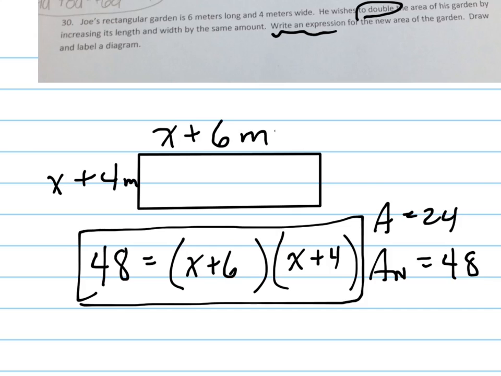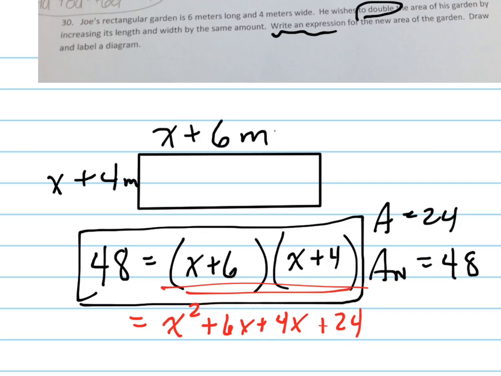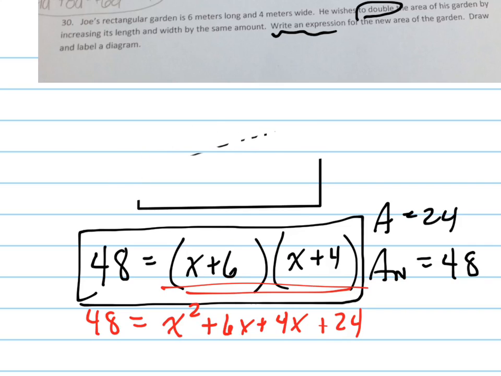You'd have to multiply this out, put it in standard form, so it's x squared plus 6x plus 4x plus 24 equals 48, and then solve that equation for x by using either factoring or quadratic formula or the completing the square method.